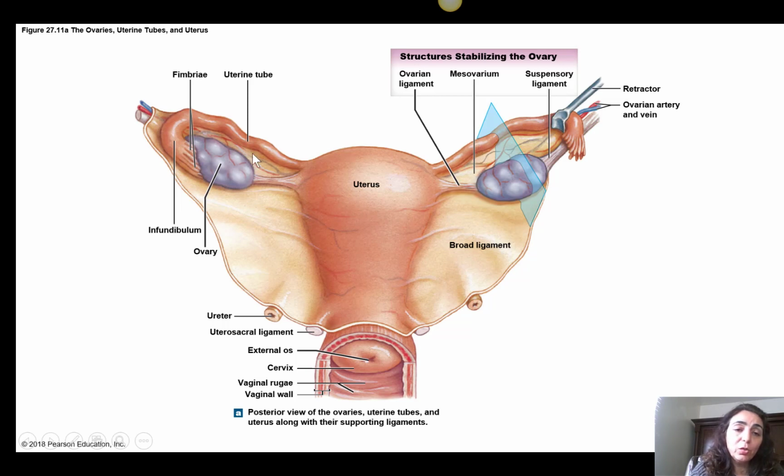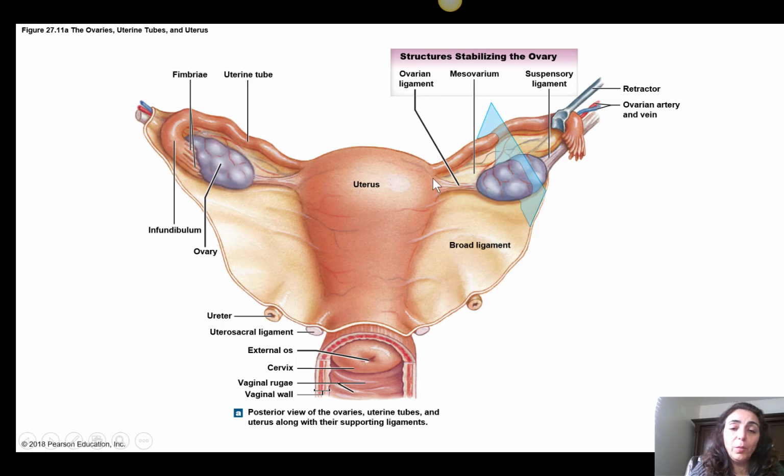On the way, it covers the uterine tube, and it goes back here. So this part that is connecting the uterine tube is called the mesosalpinx. And then when it gets to the ovary and attaches the ovary to the broad ligament, that part is called the mesovarium. They have a section here like this one that you see, looking from the side, to make it much more clear. Then the rest is all broad ligament.